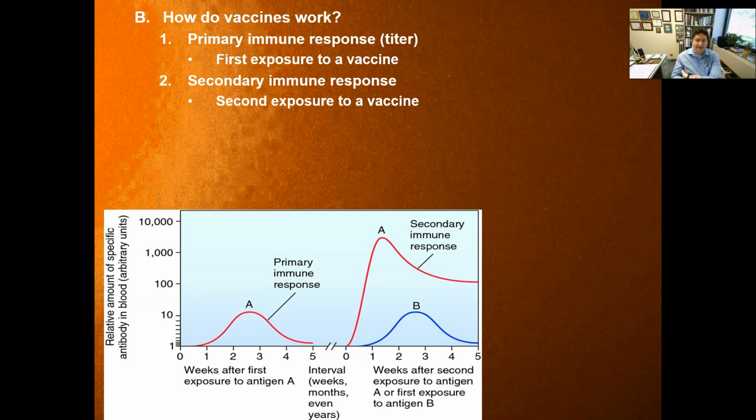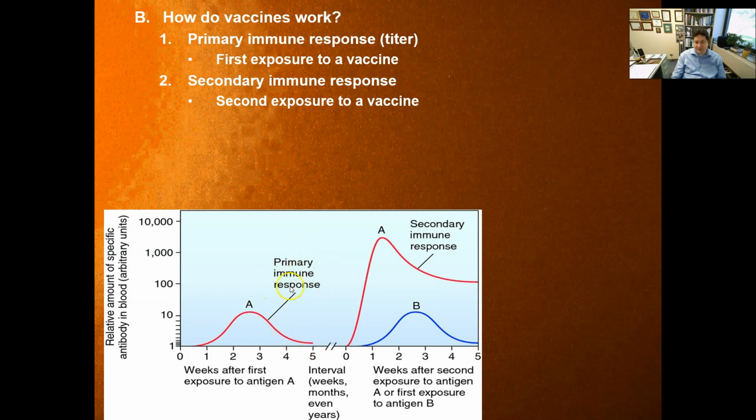Antibodies can bind, lock and key, to what's called an antigen, which is the part or piece of the disease-causing organism, the pathogen, that's triggering the immune system. So we notice down here, when you get this the first time, over time, antibodies build up in the body, and then once the infection starts to wane, this drops down.